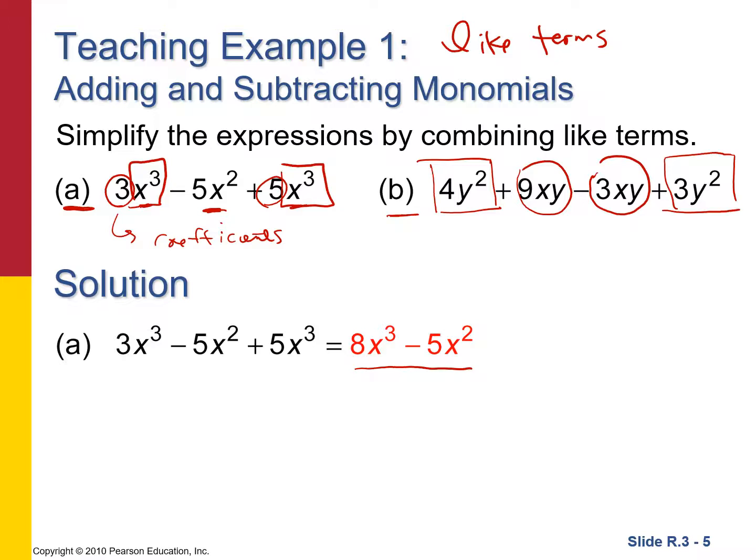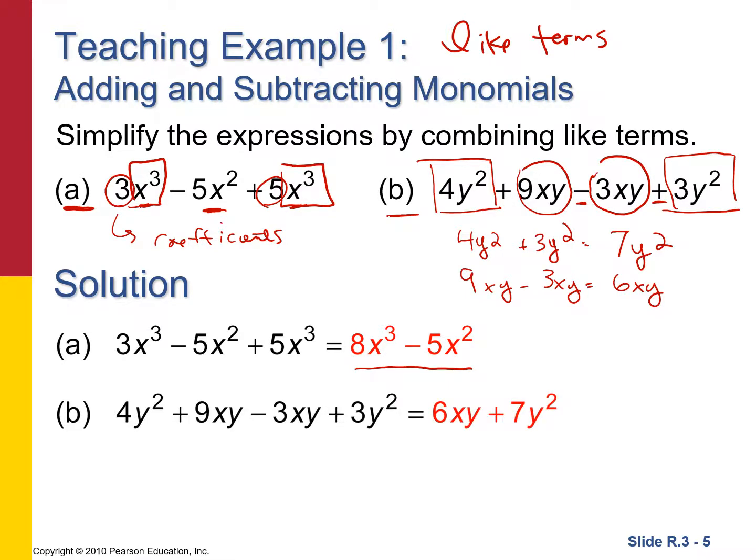So this is 4y squared, plus 3y squared, and that gives us 7y squared. And now we have 9xy minus, make sure you do that, 3xy, and that's equal to 6xy. And you'll see the answer is 6xy plus 7y squared, all right?